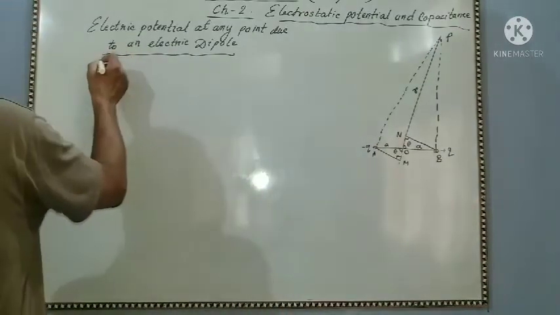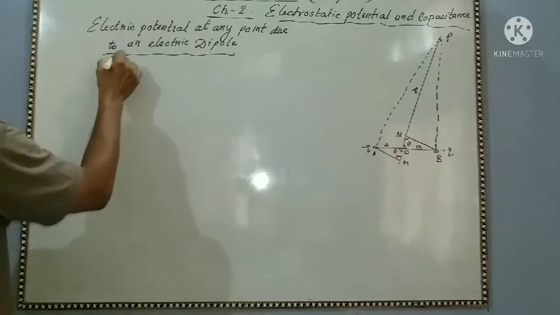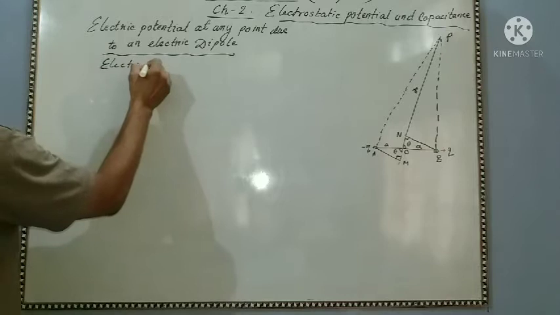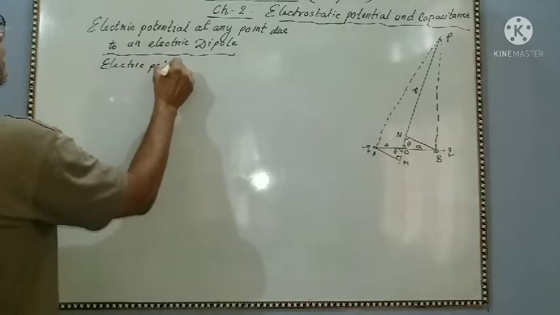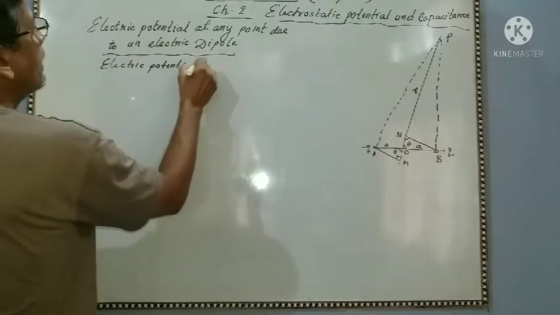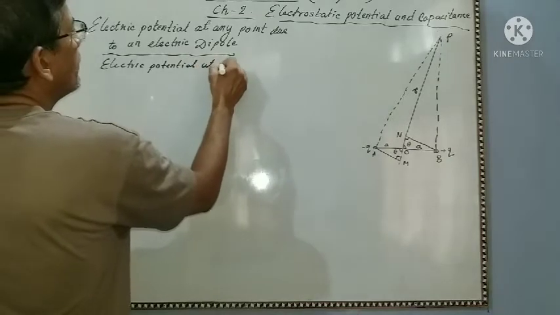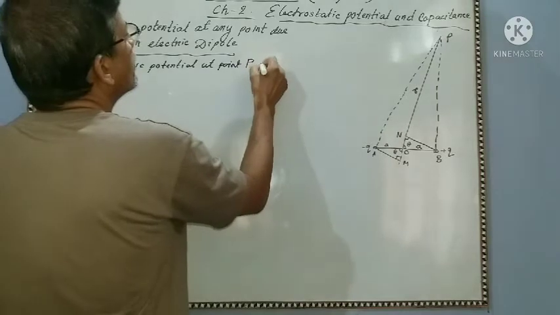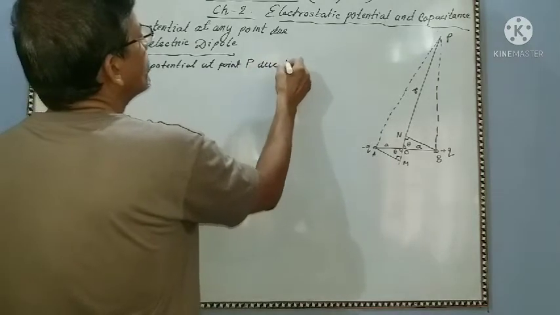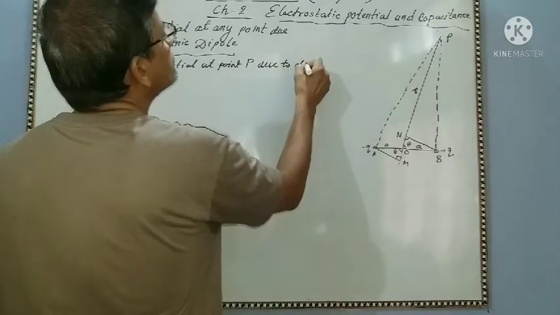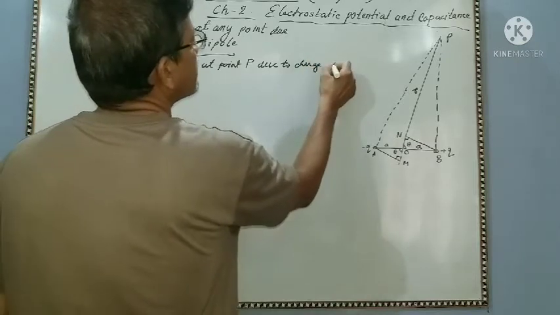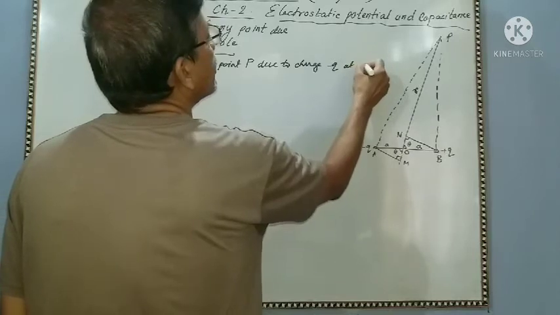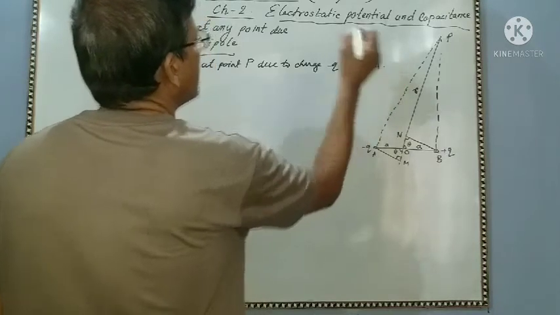Now what will be the electric potential at point P due to minus q at point A?